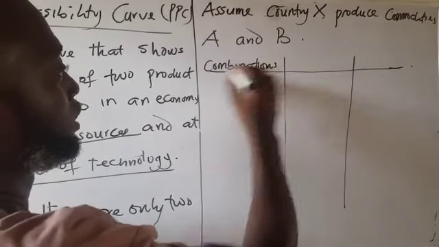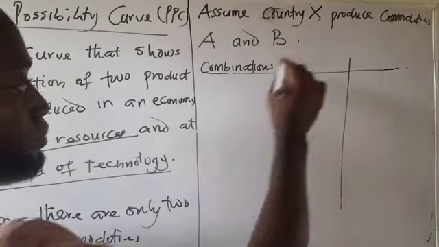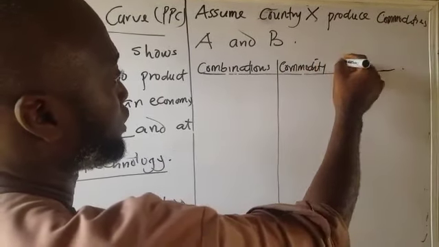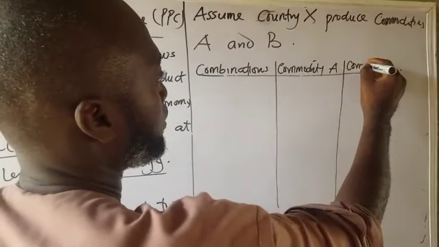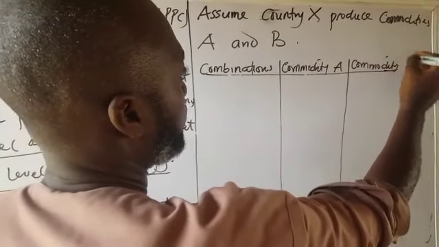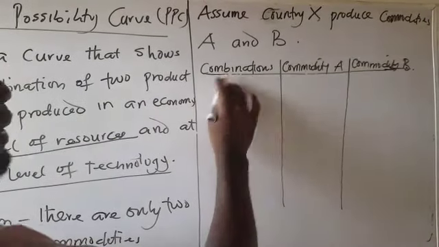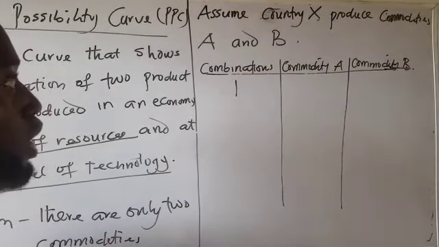These are different combinations. This is for commodity A. Then this is commodity B. That's what we're trying to explain. Let's say combination 1.